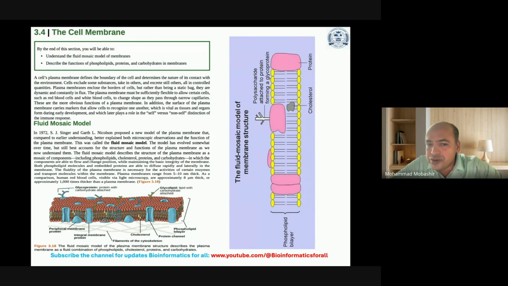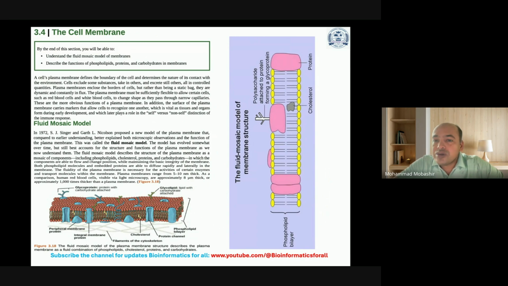For example, glycoprotein, DPPC, where the water is located, what are the proteins there, why there are some protein channels, what the cholesterol is doing here. So all the components of the cell membrane you need to know.